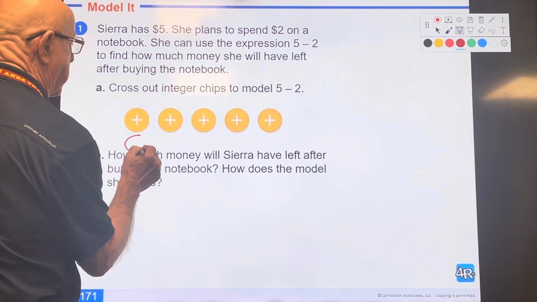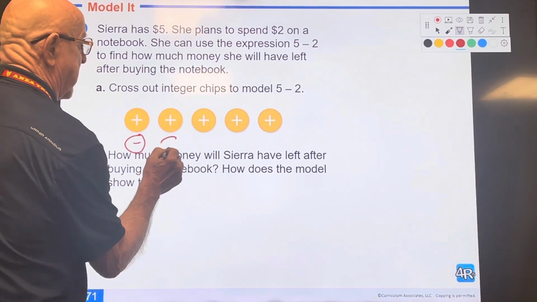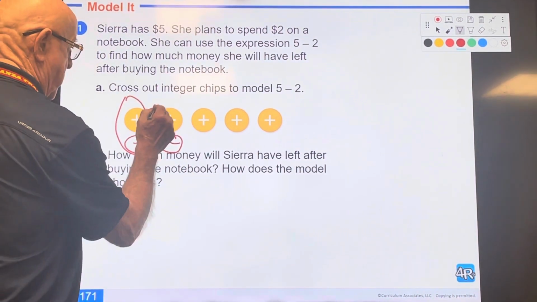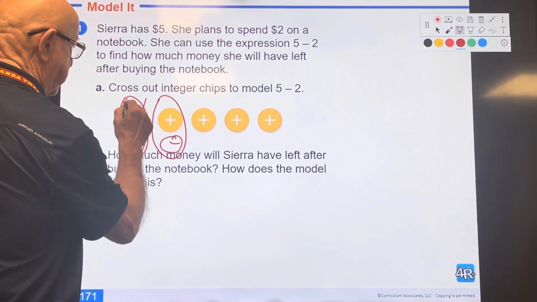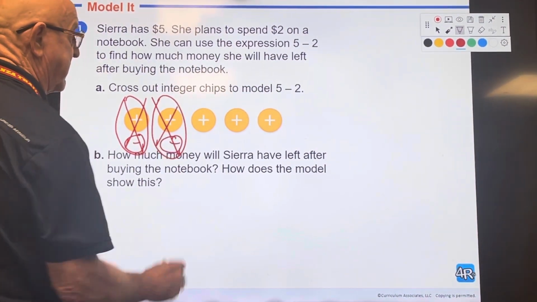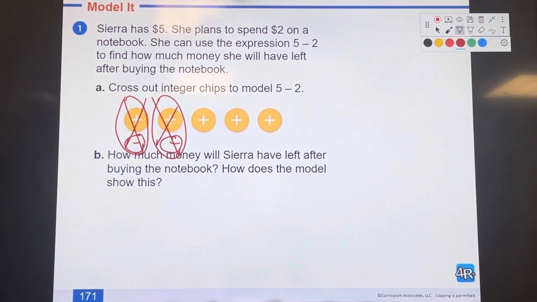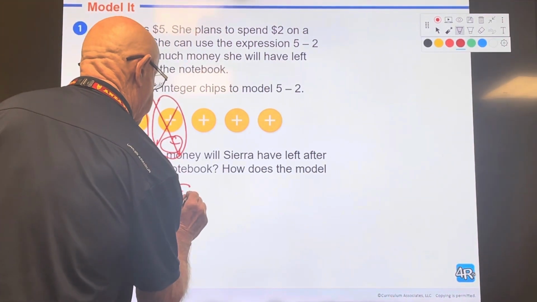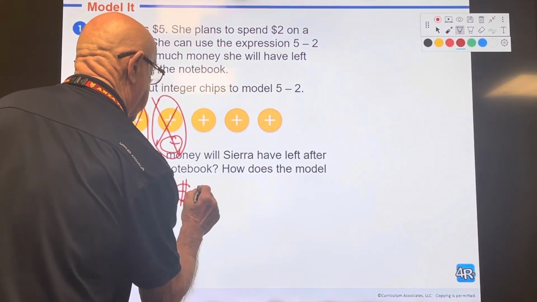Basically, I could do a negative counter and a negative counter. And that would create a zero pair. We're just going to cross these out. And that leaves $3, right? How much money does she have left after buying a notebook? She'll have $3. So the answer to that question is $3.